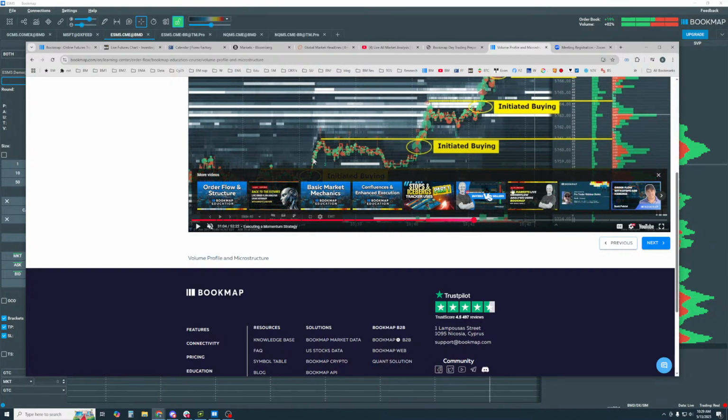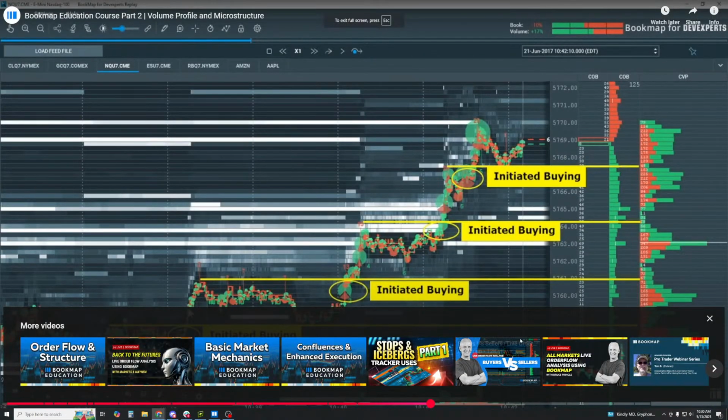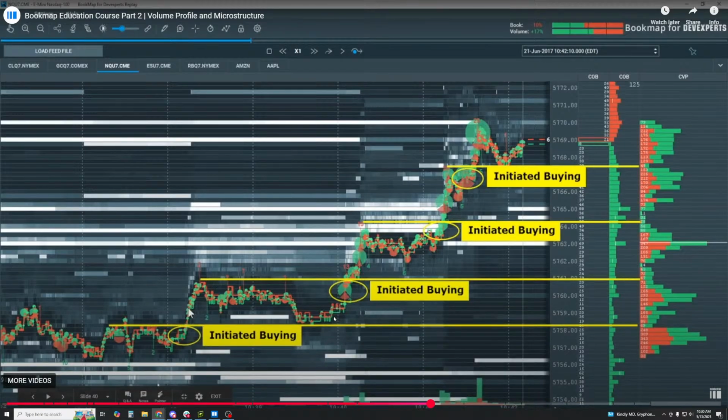So take a look at this move up to the upside. This is the Nasdaq at basically the same price the S&P is at now. Look at the charge up here, and then look at the dark side, or the shadow, on the bid.